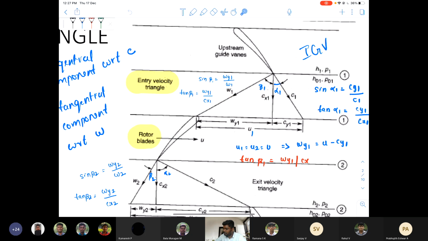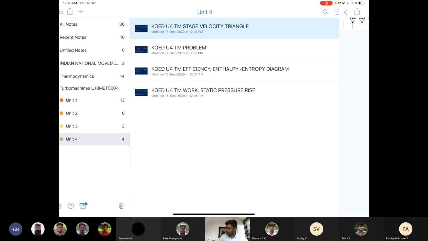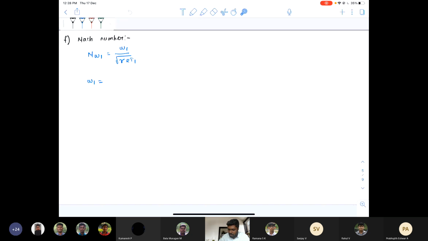So cos beta 1 is equal to Cx divided by W1. From this, the value of W1 we can attain. Since we know the value of beta 1 and the value of Cx, which is equal to 180, W1 will be equal to Cx divided by cos beta 1, which is 180 divided by cos beta 1.